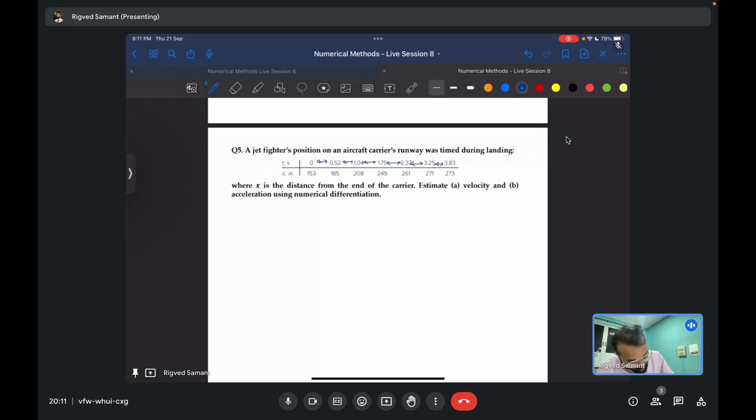Here it is 0.52, but after this it is not 0.52, right? In the third one, this is also not 0.52. So the step size is changing. So in that case, how to use the central difference formula?